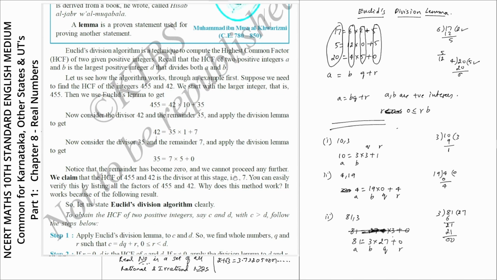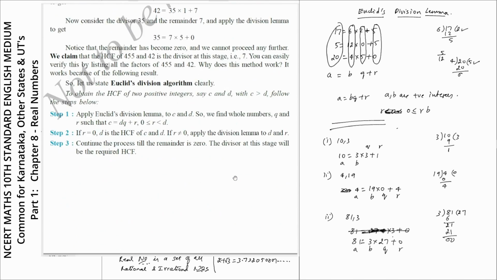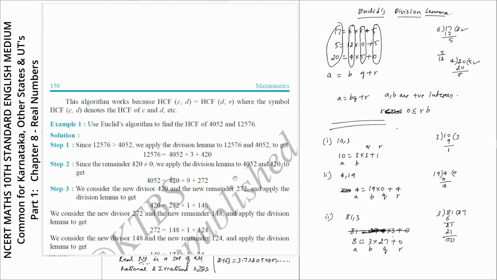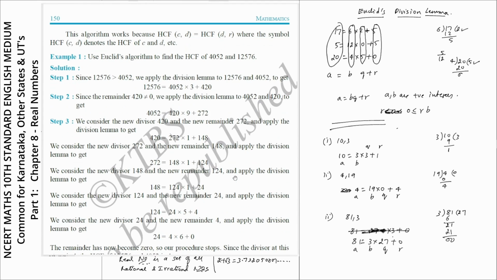Now let us go and solve some problems. In the textbook, some problems are already given. Let us go through them. In example 1, use Euclid's algorithm to find the HCF of 4052 and 12576.